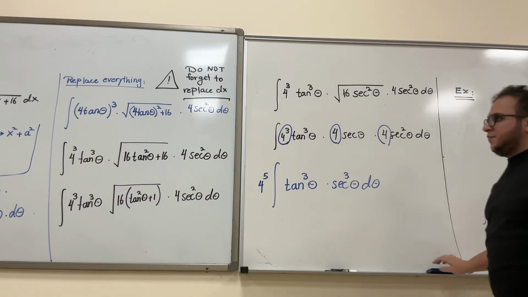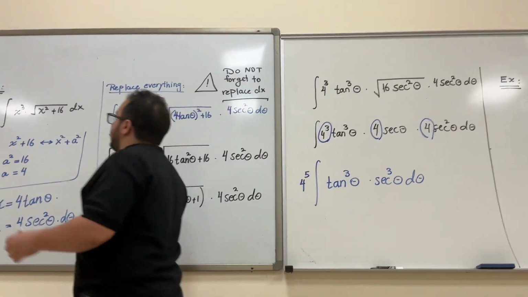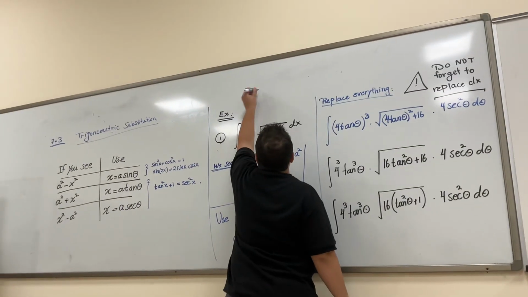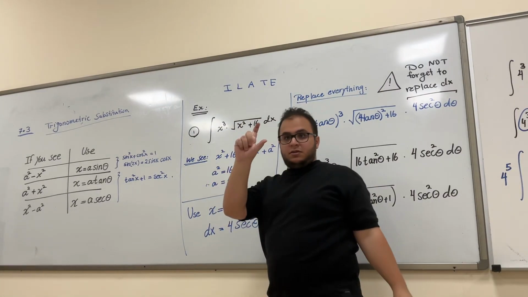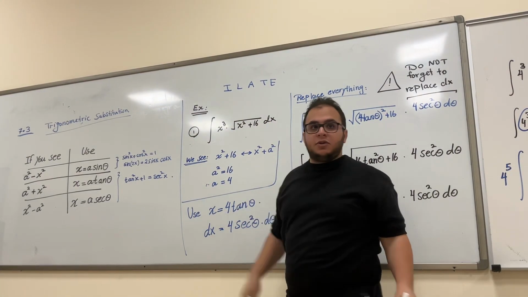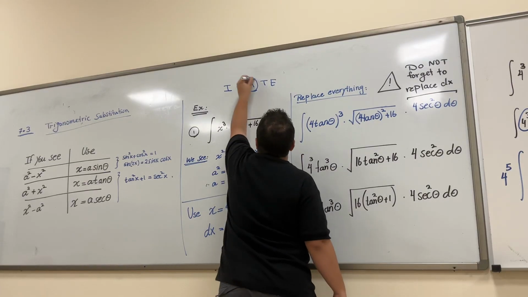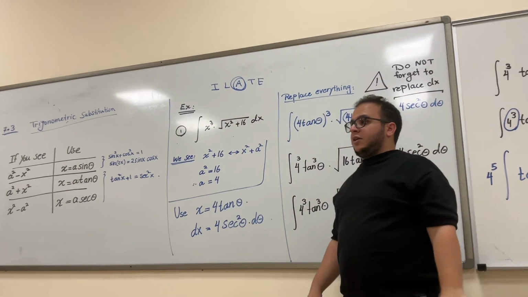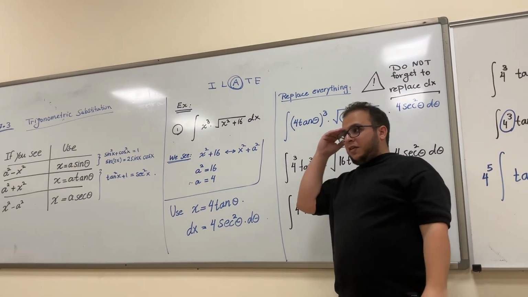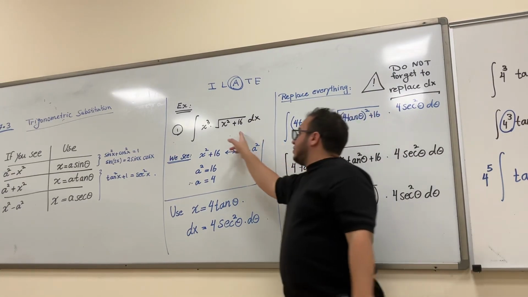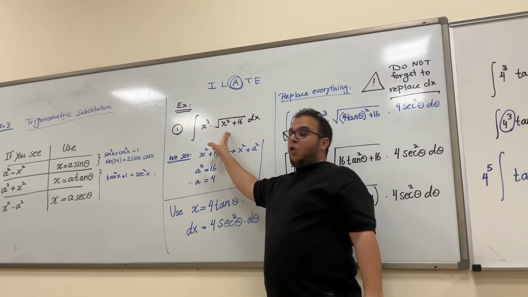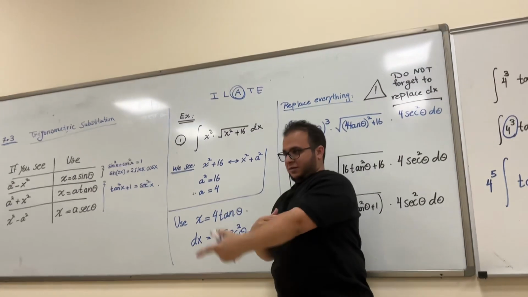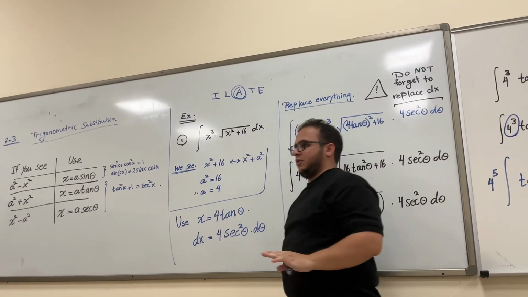And by the way, just remember, the question will only contain functions of this form. It will only contain algebraic expressions. So don't think the topic is called trigonometric substitution and I have to see a trigonometric thing in the question. No, it's not necessarily the case. You only see algebraic and then you use trig functions to do the substitution.